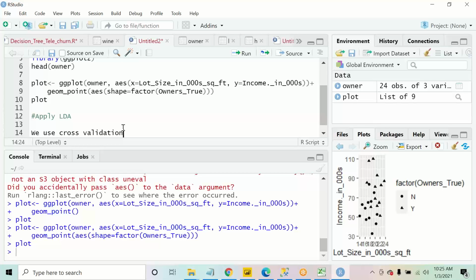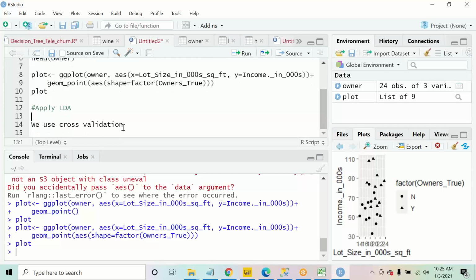So this is the approach that we will be using over here, which is also called the jackknife approach.